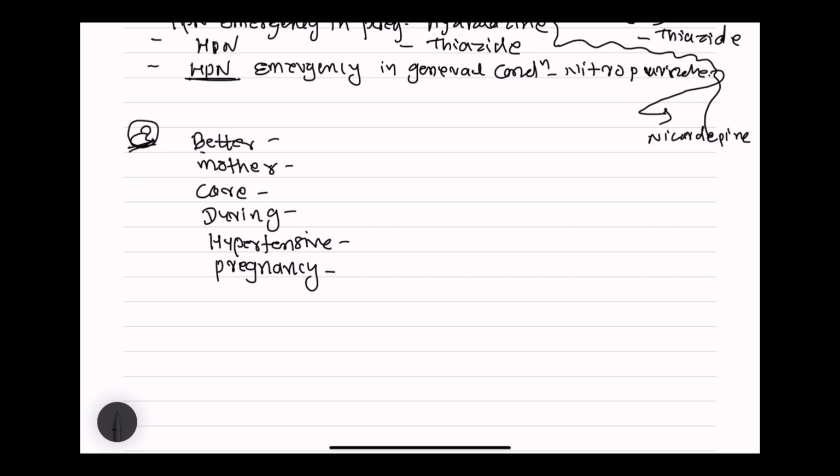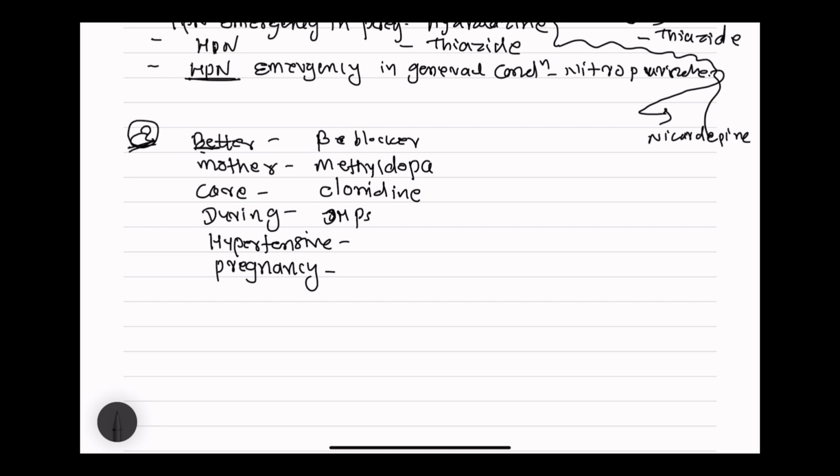B means beta blocker. M means methyldopa. This is a very good method to memorize the drugs used in pregnancy. C means clonidine. D means dihydropyridines.